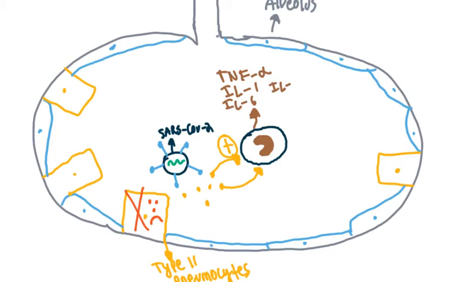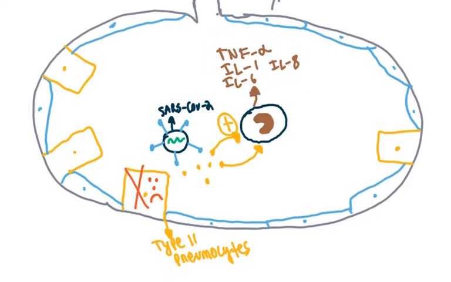Those are some of the main inflammatory cytokines that the alveolar macrophage will release once it's triggered by the inflammatory cytokines from the destruction of the type 2 pneumocyte as the SARS-CoV-2 virus buds off. And these inflammatory cytokines are then going to travel to the blood vessels, the capillaries and venules near the alveolus.